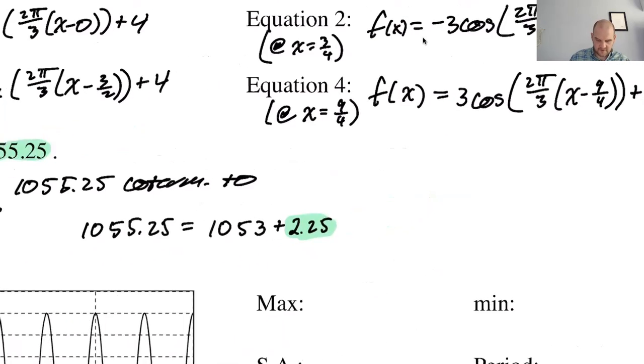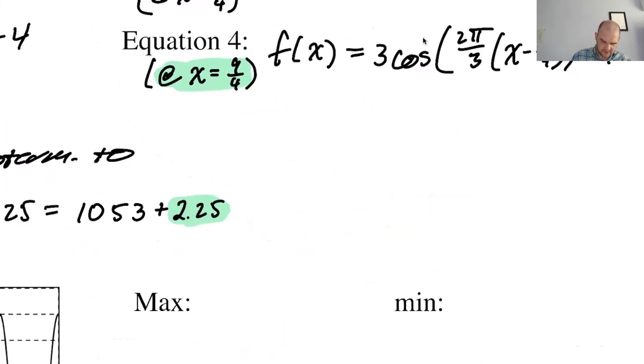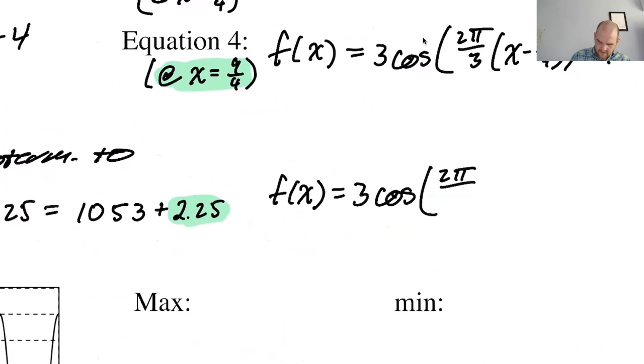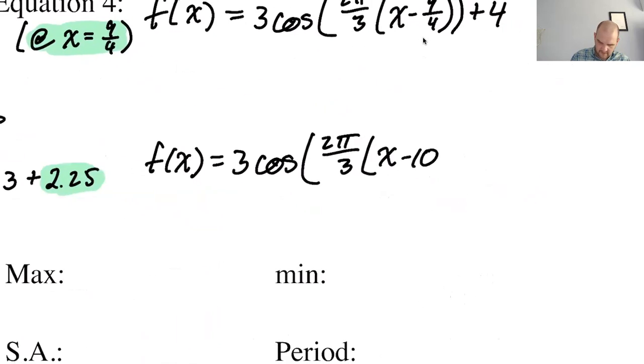So it is coterminal to 9/4, which means I think that we get a positive cosine. So I think we'll get f of x is 3 cosine of 2 pi over 3 x minus 1055.25 and then plus 4.